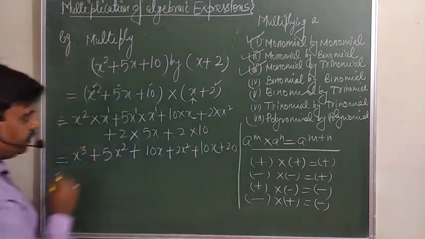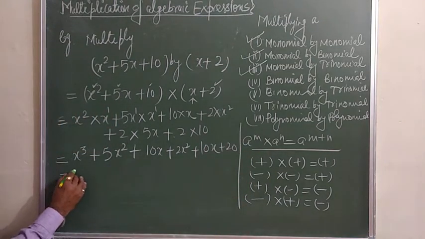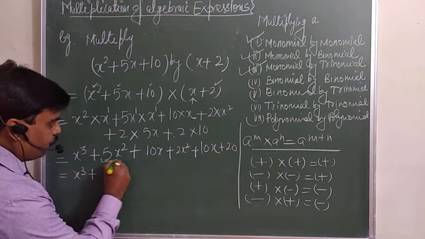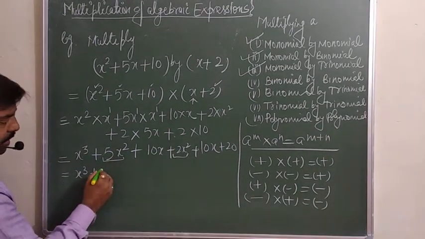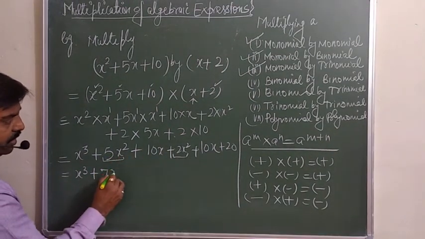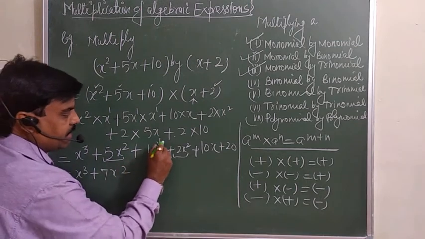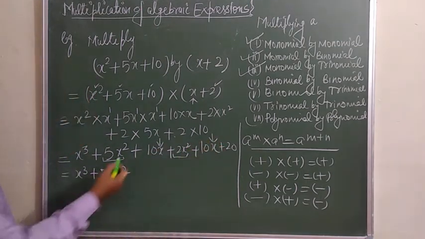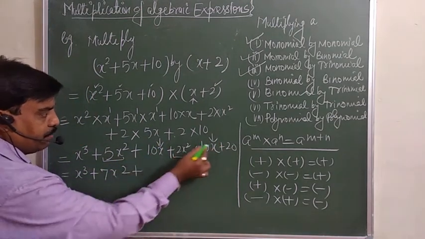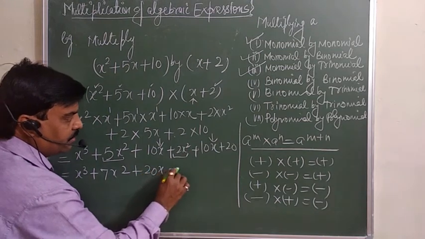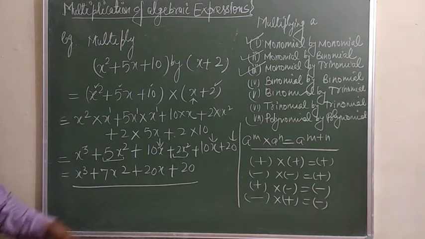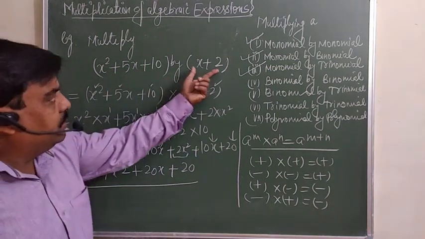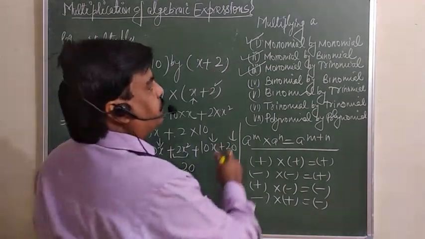Now x cube will remain as it is, it is a single term. But 5x square and 2x square are like terms, so you can add them: 5 plus 2, 7x square. 10x and 10x are like terms, so we add them: 10 plus 10 is 20x, and this 20 will remain as it is. So this is the product of a trinomial by a binomial.